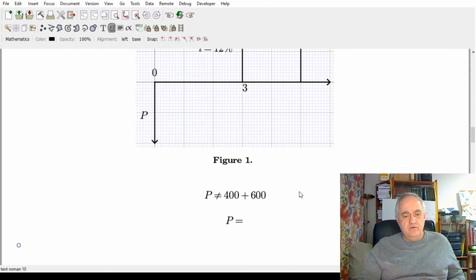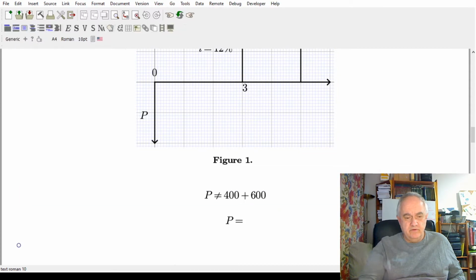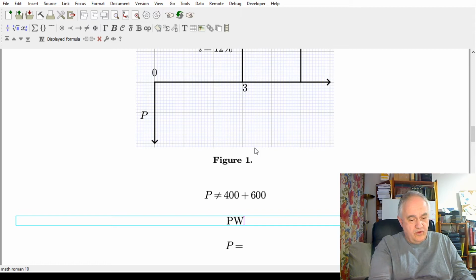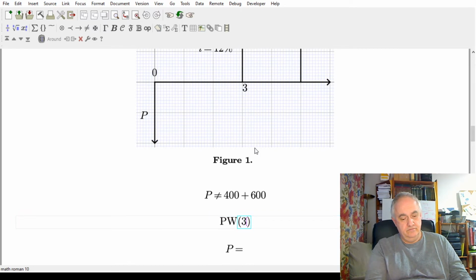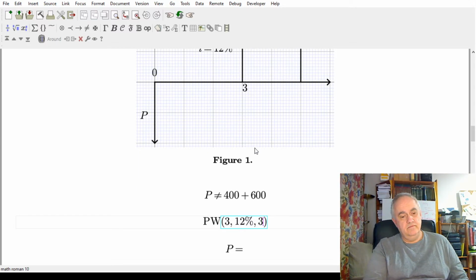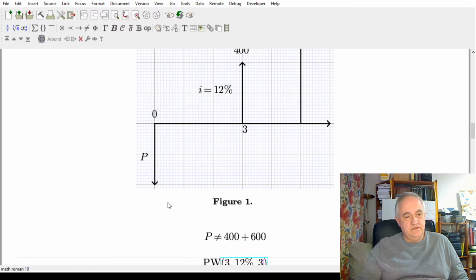This amount we will obtain previously, that we will call the present worth of 400 with a rate of interest of 12%, at t equal 3. Sorry, it's 400, not 3.